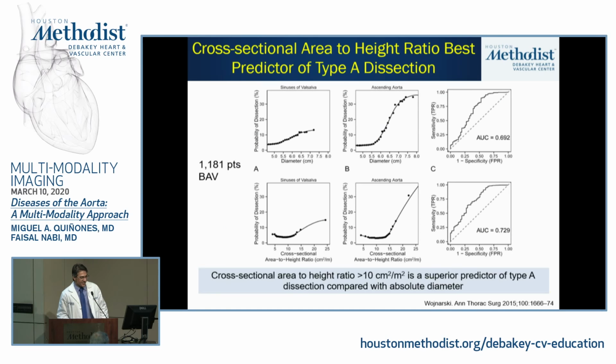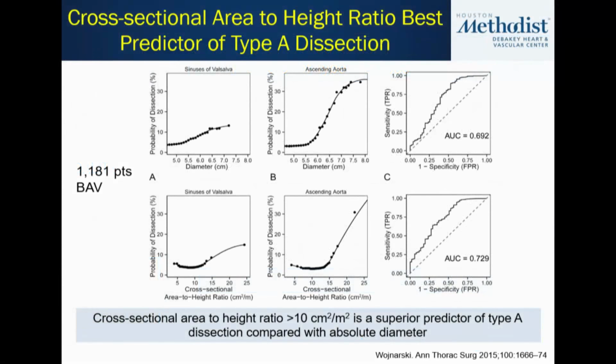All right. There's a lot of interest in other things that can better predict dissections and whether something is pathologically enlarged. And one of the things that are coming out, since BSA may not be helpful, how about indexing to height? So there's one paper here looking at 1,000 bicuspid valves, and what they did was they took a cross-sectional area of the sinus of Valsalva and ascending aorta and indexed it to the height.